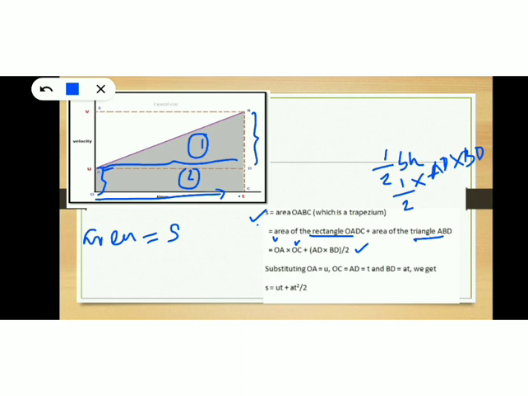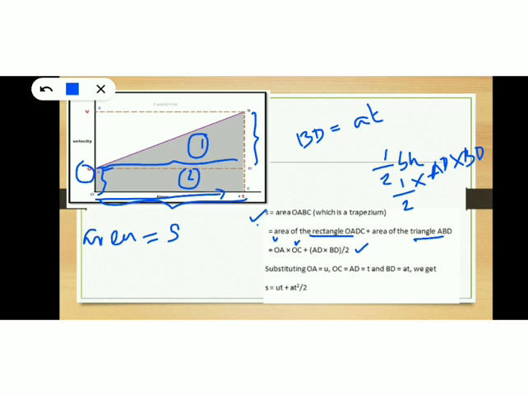OA is U. OC is time T. And BD, from the previous expression, we got BD is equal to AT. So substitute all these things in this equation.